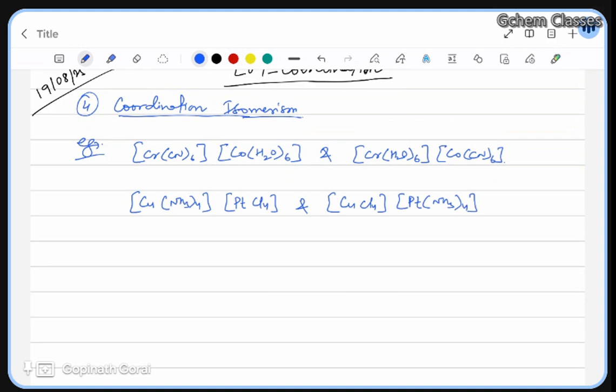So these are also coordination isomerism, okay? This and this are coordination isomers. Don't say that these two are not coordination isomers, but this one and this one are coordination isomers. Here also this one and this one are coordination isomers, right? Only the ligand is getting changed over here. Understood? So this is the fourth type, coordination isomerism.